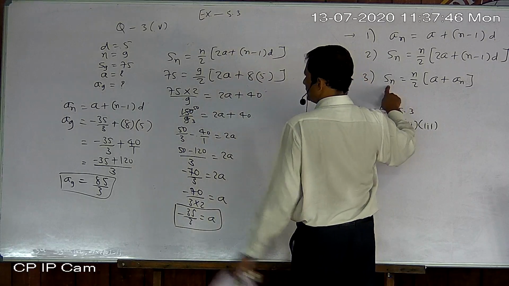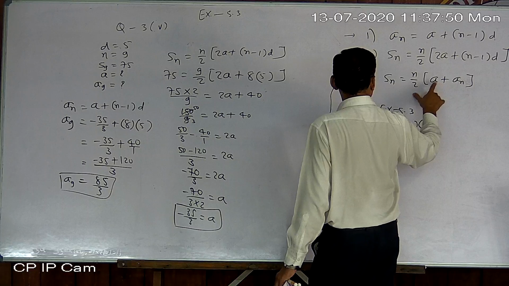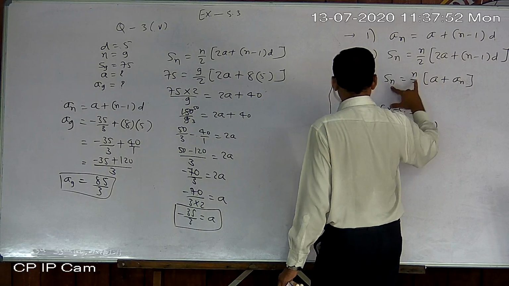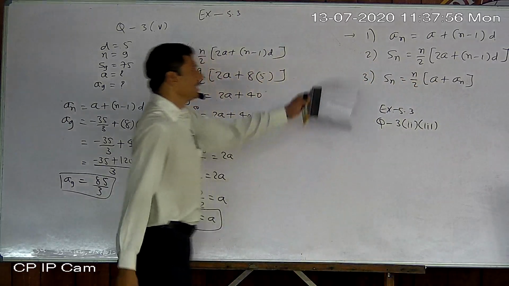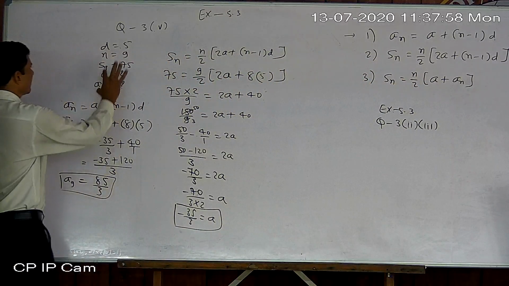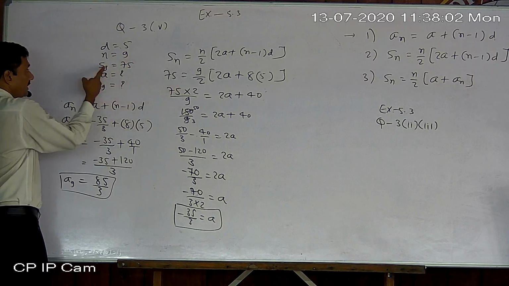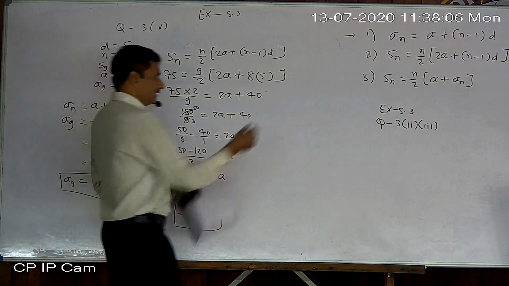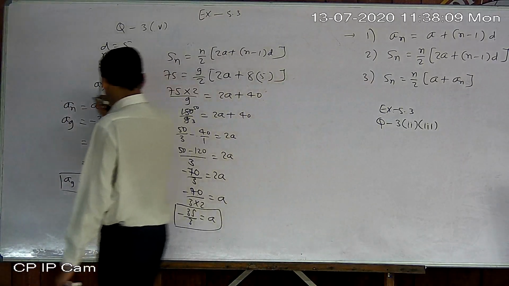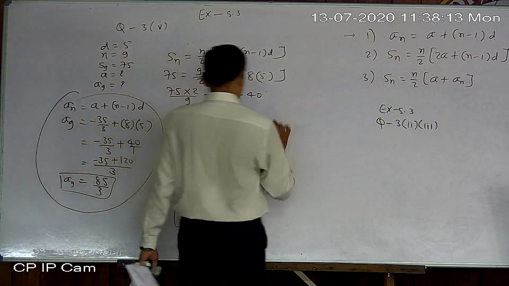Look here. Sorry. Not possible. Okay, because A, Sn, N. Yes, you can use the second one also to get An, because N is equal in both places. Then only we can use the third one. N is equal only. Okay. Now look there, I am using the third one instead of that. Okay.